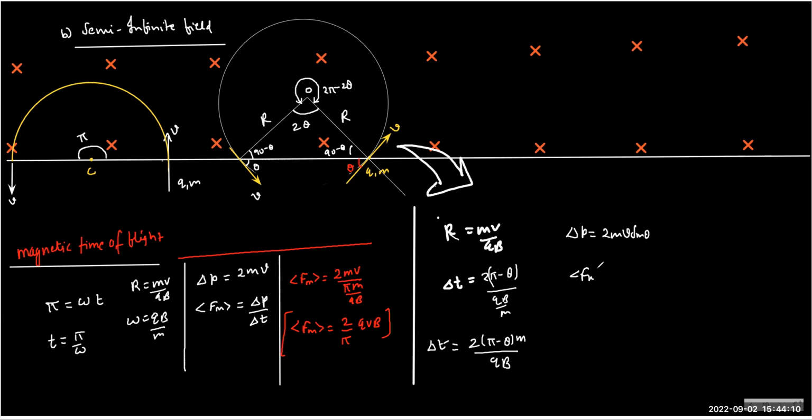So the average force will be the change in momentum by delta t. It is qvB sine theta by pi minus theta, right?